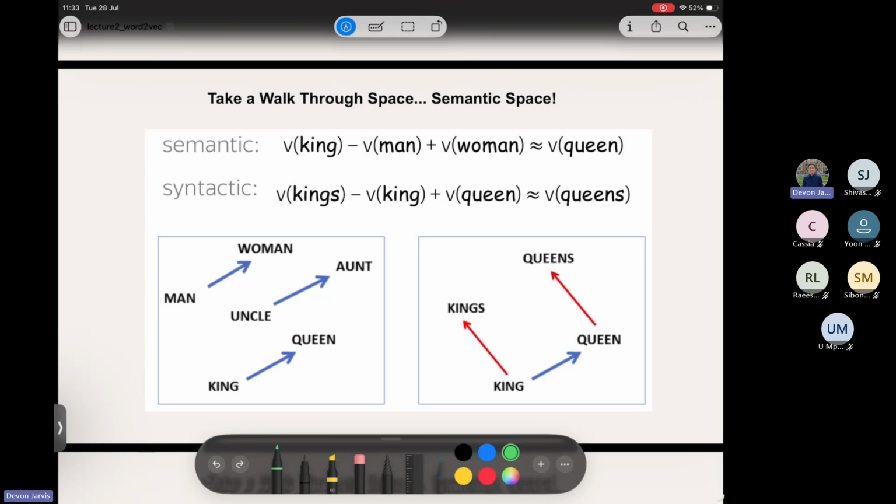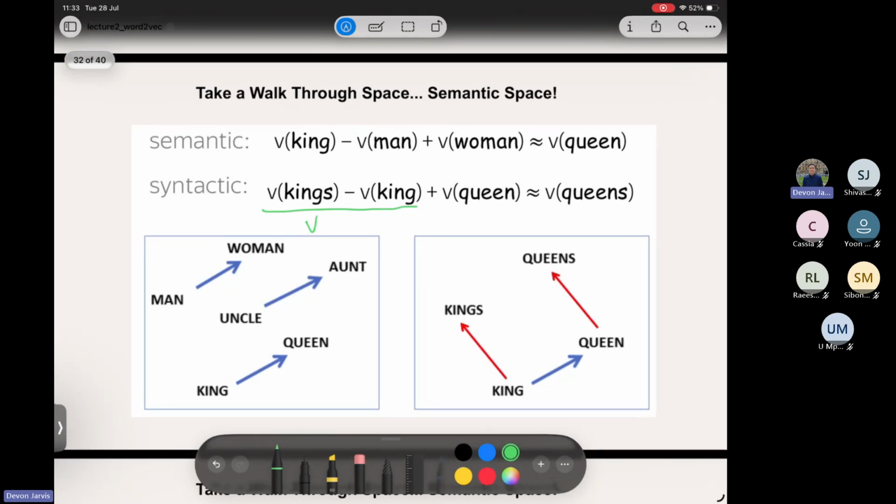If you show it Wikipedia, it will develop a semantic space of whatever those Wikipedia pages were talking about. And then you can also do syntax. If I take the representation for kings, minus king, plus queen, I get back to queens. What was left by this operation is essentially a vector representation for plurality.